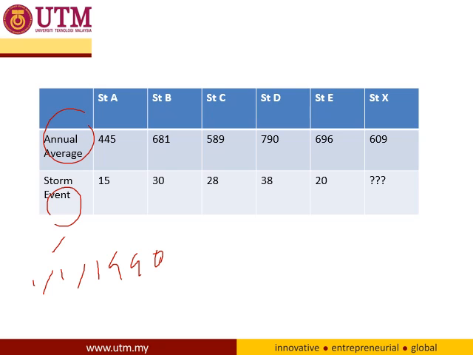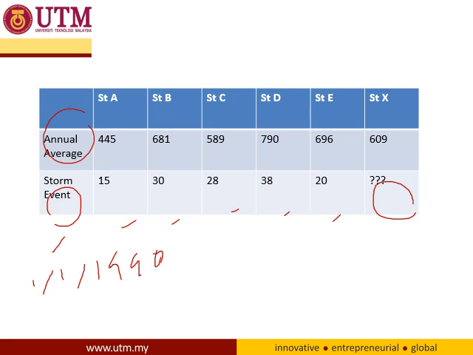We have 6 stations actually, but 5 stations have data, and 1 station does not have the data. So this is the missing data. We can use the 2 methods before: the arithmetic average, or the normal ratio method.